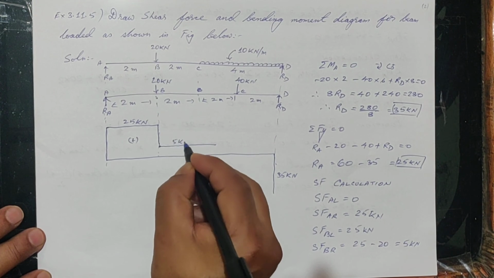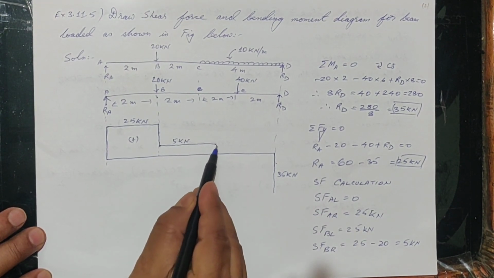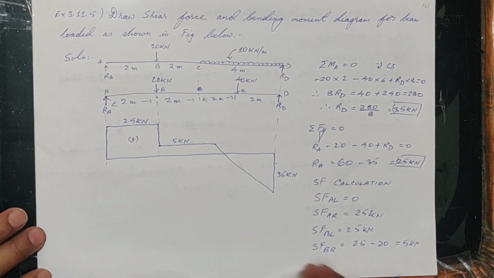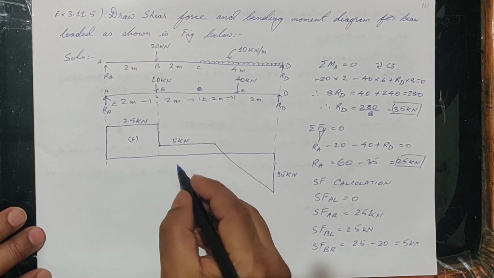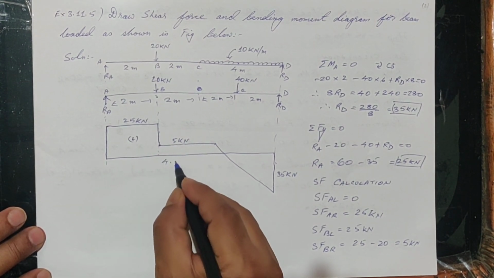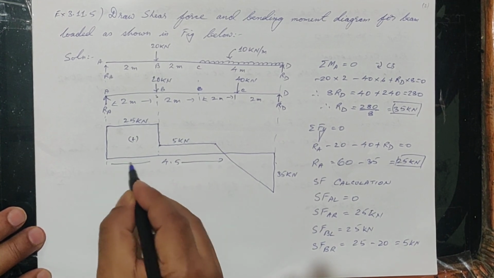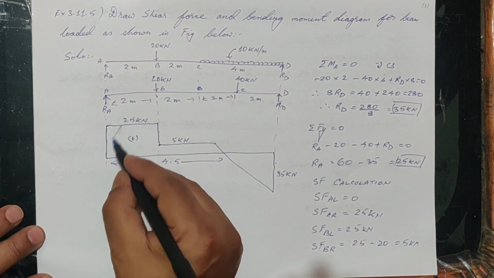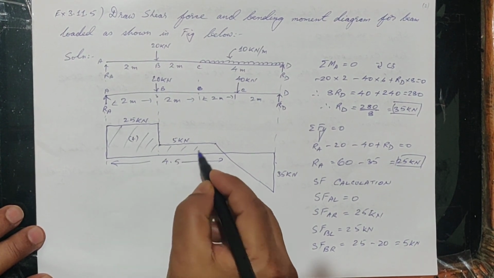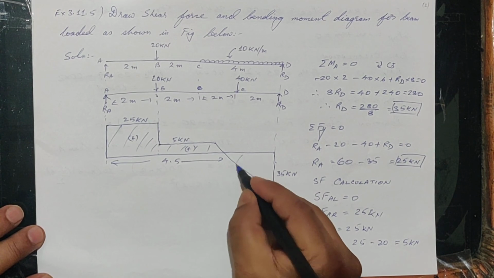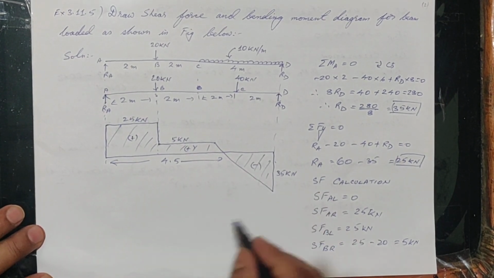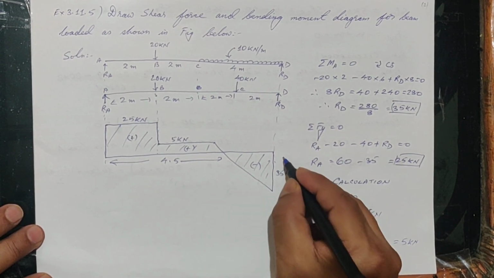So from 5 kilonewton it crosses over, and here this distance is 4.5 from A, where it crosses over. Here it is positive. Here it is negative. Now this is our SFD.